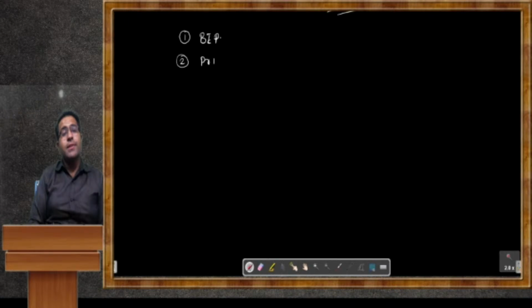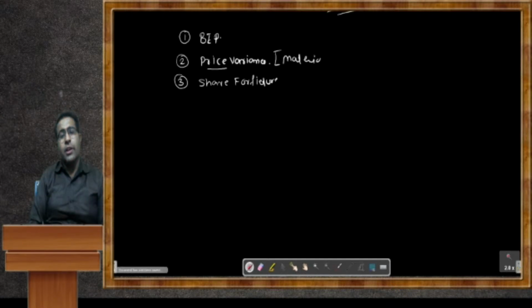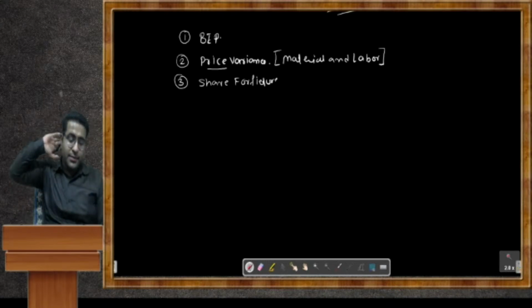Price variances. Share forfeiture. In standard costing price variances, you just have to learn material costing and labor costing. No need to do variable overhead or fixed overhead, because from past trends they are not asking about them. So just practice all the material and labor.